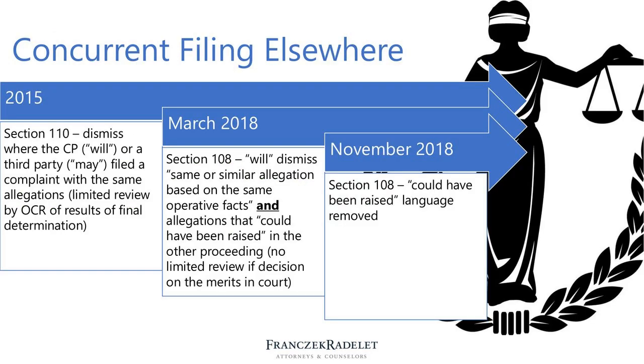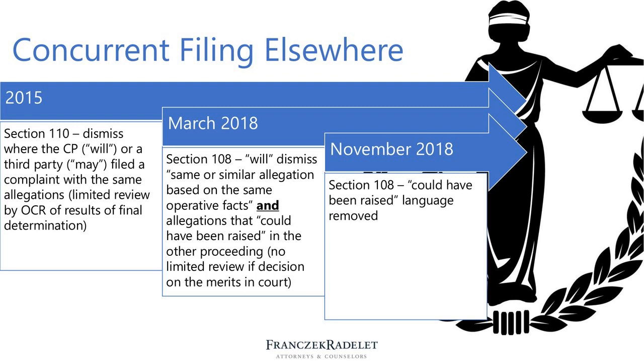Now, one last set of changes that we've seen with dismissals, and then I'll talk a little bit about why, again, all this matters. The last one that's really notable relates to the filing of complaints elsewhere. It used to be that under the 2015 version of the CPM you would dismiss a complaint where the complainant filed a complaint with the same allegations with a court or with another administrative body or within the school's own system.